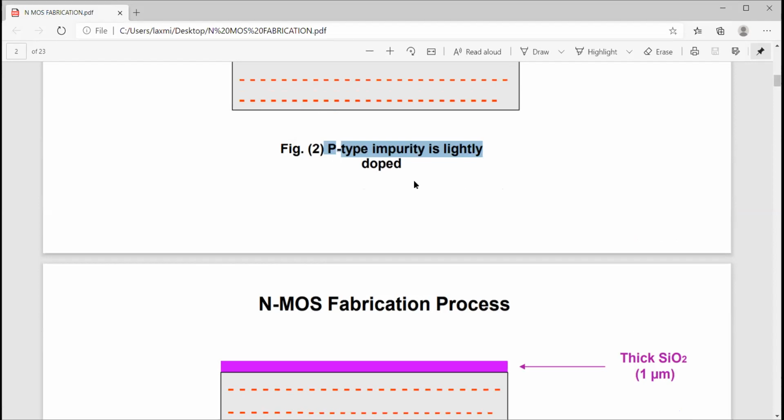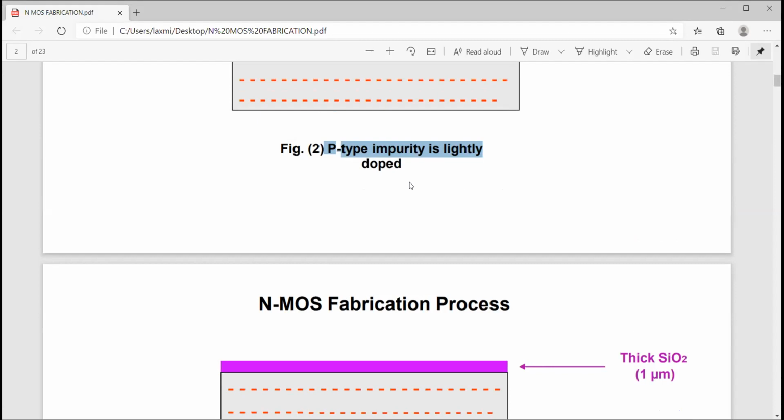Doping means adding impurity to pure silicon. In pure silicon, the number of electrons equals the number of holes, so the positive charge equals the negative charge and the total charge is zero.